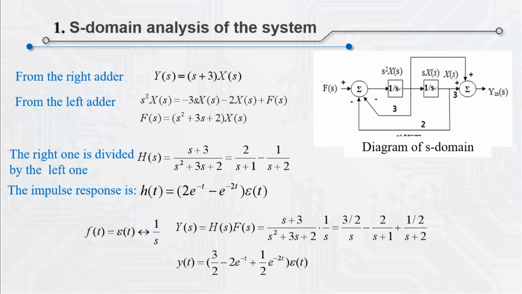We've solved H(s), and F(s) equals 1 over s. Then with Y(s), after partial fraction expansion, you can finally get y(t). y(t) is equal to (e to the power of negative t plus or minus ... e to the power of negative 2t) multiplied by epsilon(t).